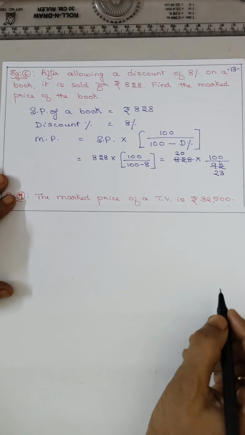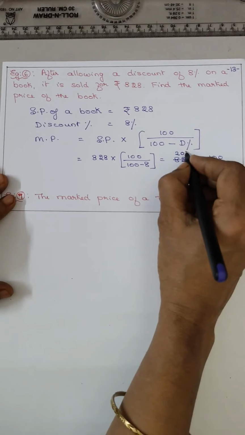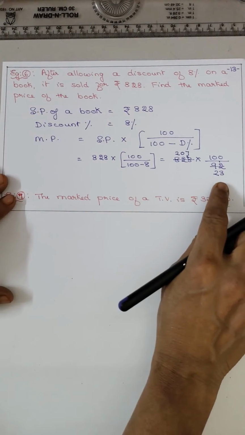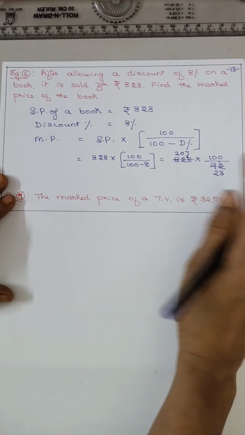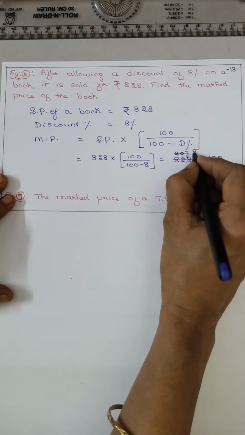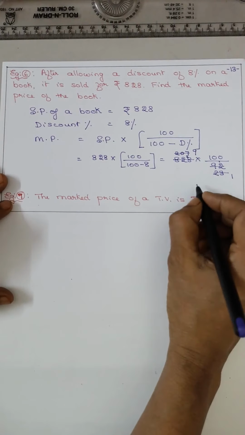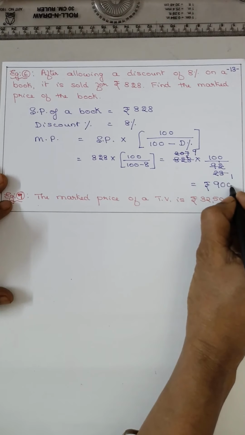Now 2 8 28. 4 7s are 28. Now 23 is a prime number. 23 9s are 207. So you got 9 into 100, it is 900.